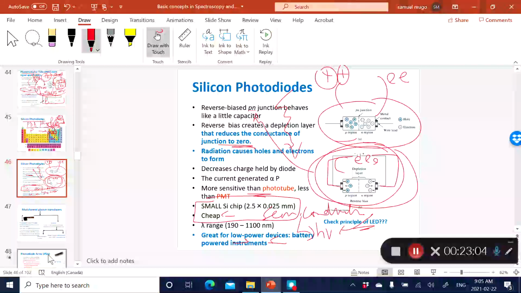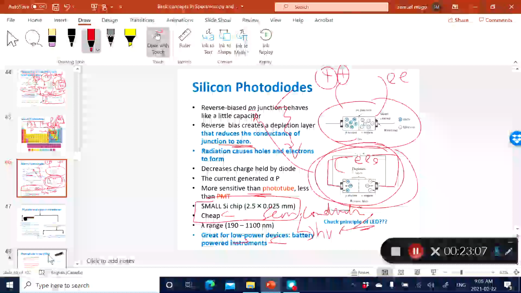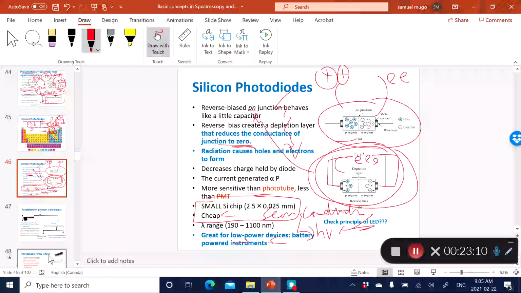For example, I can ask you to make a fairly miniaturized, portable spectrometer that you can take to the field where you do not have electricity. And so you have to justify the choice of any material that you integrate into that portable spectrometer. So be able to understand the basis of all these types of devices.